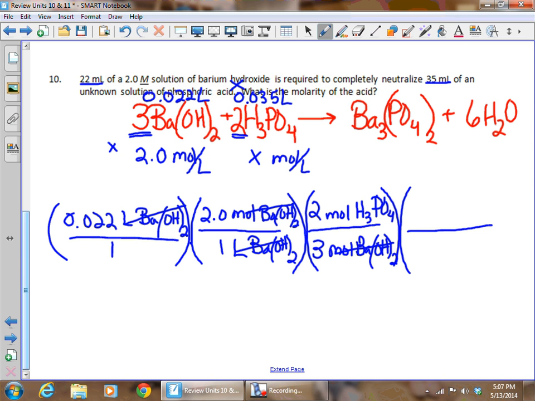We don't want moles to cancel. We want to be left with moles on top. We want liters on the bottom, and the only liter value we have is 0.035 liters for our phosphoric acid.